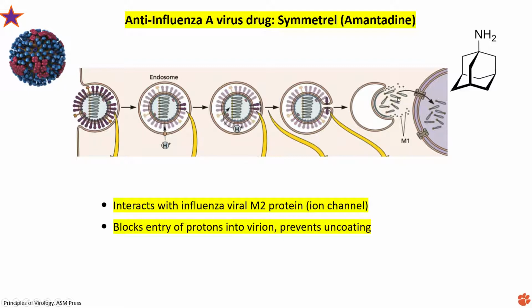Remember one of the most important parts: influenza is a negative strand, segmented RNA virus. The M1 protein is entirely different, although mentioned here. M2 is present on the surface of the membrane; this is a different protein entirely. That's one of the important things.